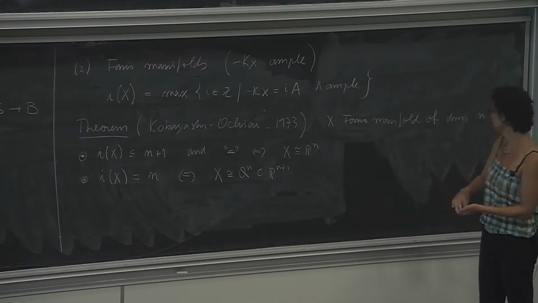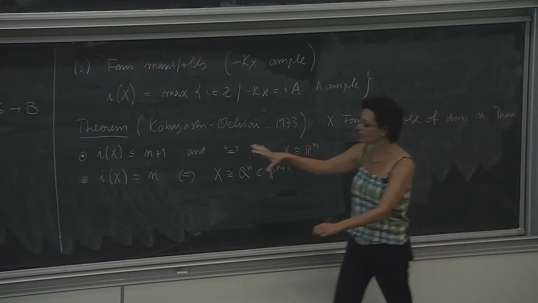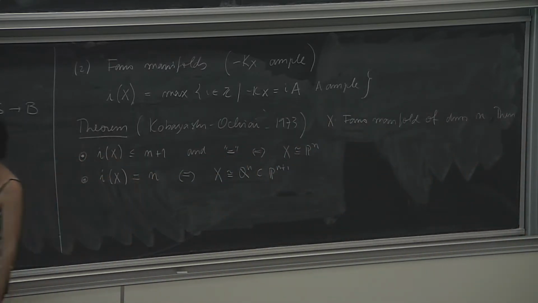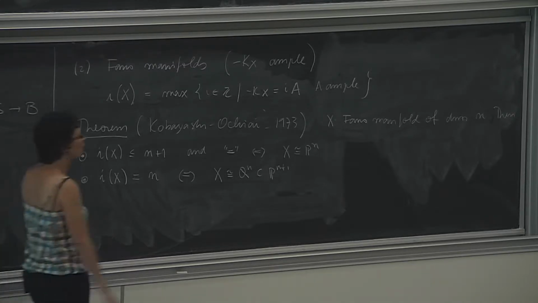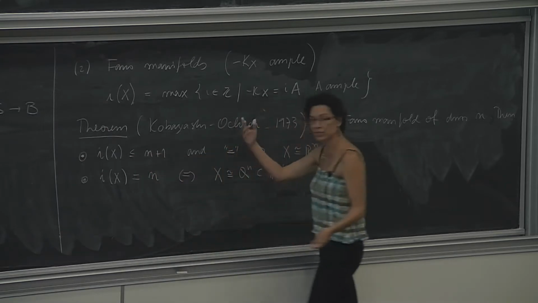These are the Fano manifolds with highest index. So we see that this is a stronger form of that statement. Of course, if the index is at least n+1, then so is the length of any extremal ray.